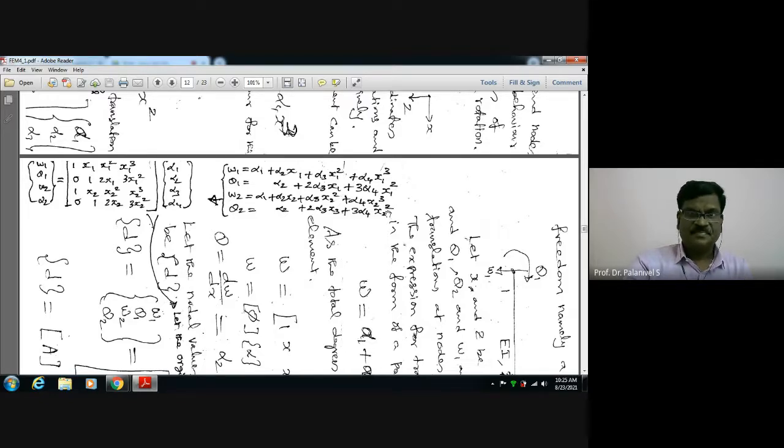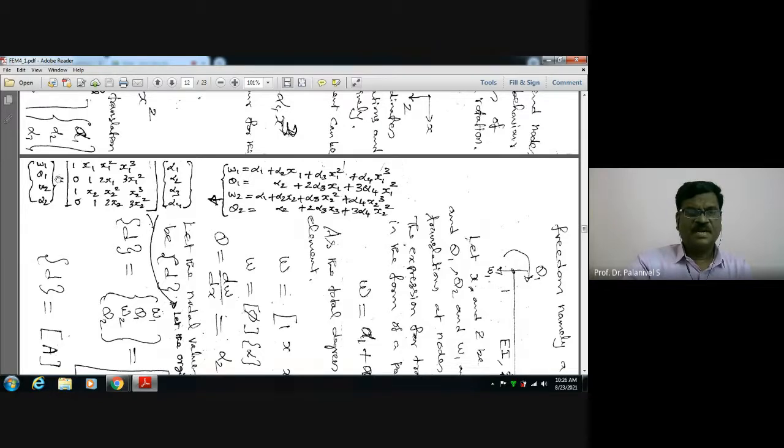Now this can be written in matrix form. W1, theta 1, W2, theta 2 equals: first row 1, x1, x1 square, x1 cube; second row 0, 1, 2 x1, 3 x1 square; then 1, x2, x2 square, x2 cube; and 0, 1, 2 x2, 3 x2 square, into alpha 1, alpha 2, alpha 3, alpha 4.